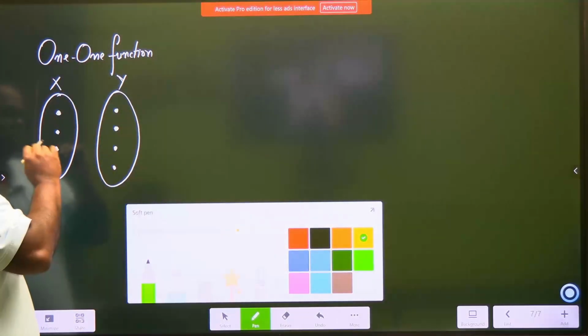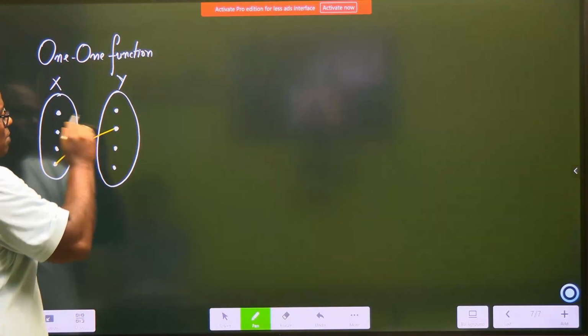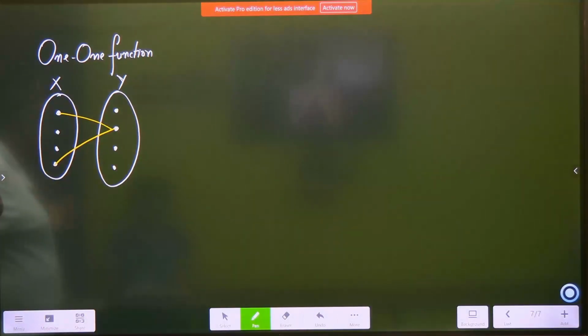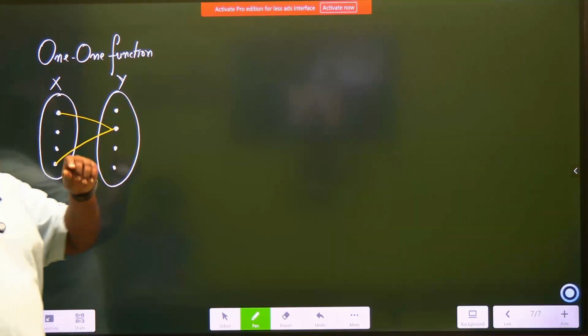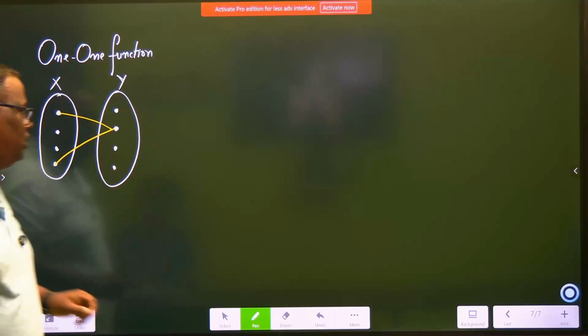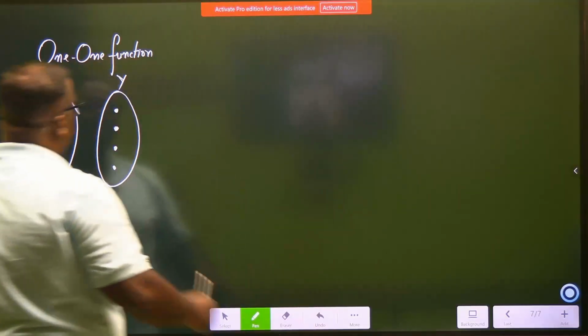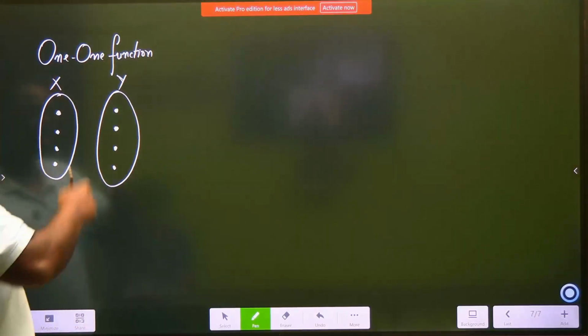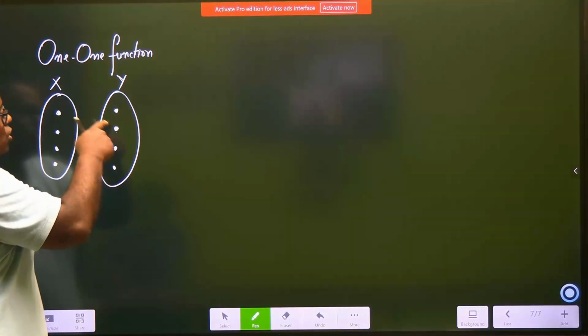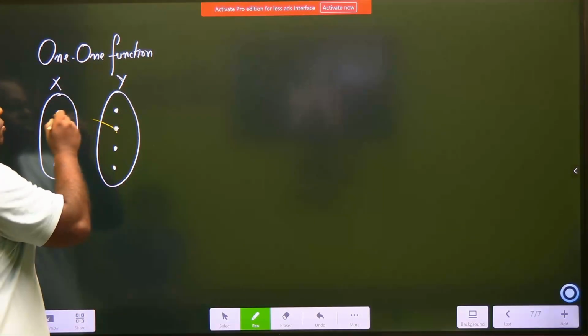A function allows you this mapping: sine 0, sine 180. A function allows you this mapping. 1-1 is a special category of function which does not allow you this mapping. 1-1 says, look, in a 1-1 function, every output should have a unique input only.